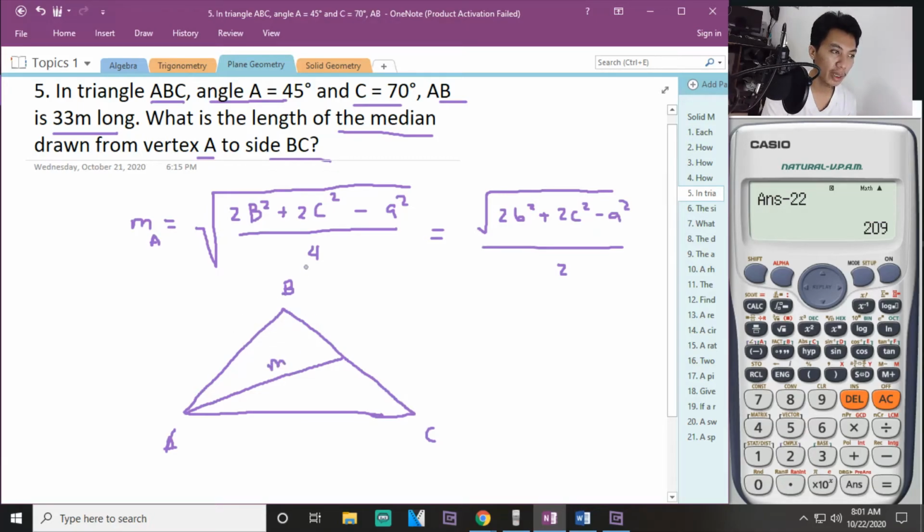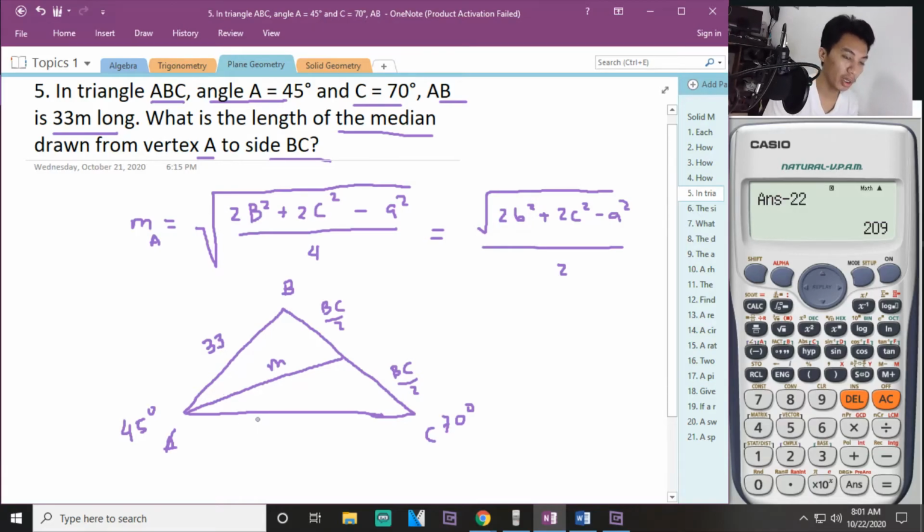Ngayon, ang binigay sa yung sukat dyan is 45 degrees. Tapos, C is 70 degrees. And then, unknown itong side na to. So, this will be BC over 2. 33 meters long yung iyong AB. So, sir, may makukuha ba ako dito?